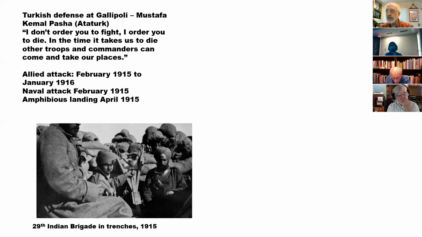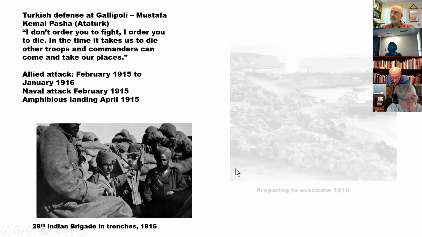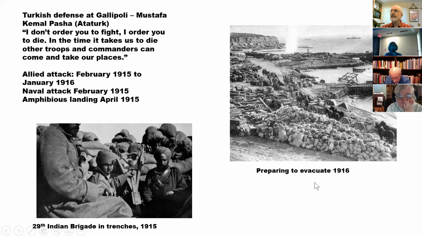Those turbans suggest to me they're Sikhs. I'm not sure. But anyway, they're in the trenches, 1915. In 1916, they finally give it up. They've lost tens of thousands of men. And here is a picture of this evacuation going back to Europe.